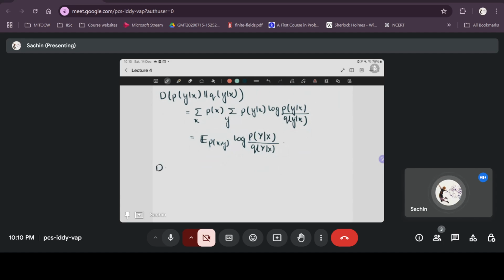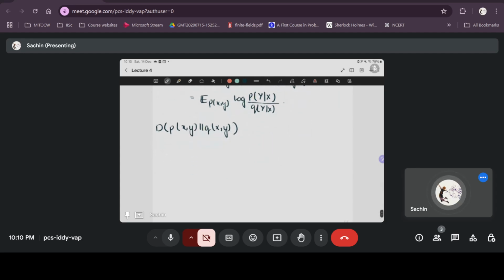And using this, we can write the chain rule for relative entropy. The relative entropy D of p of x comma y parallel q of x comma y can be written as the relative entropy of the marginal distributions plus the relative entropy between the conditional distributions.